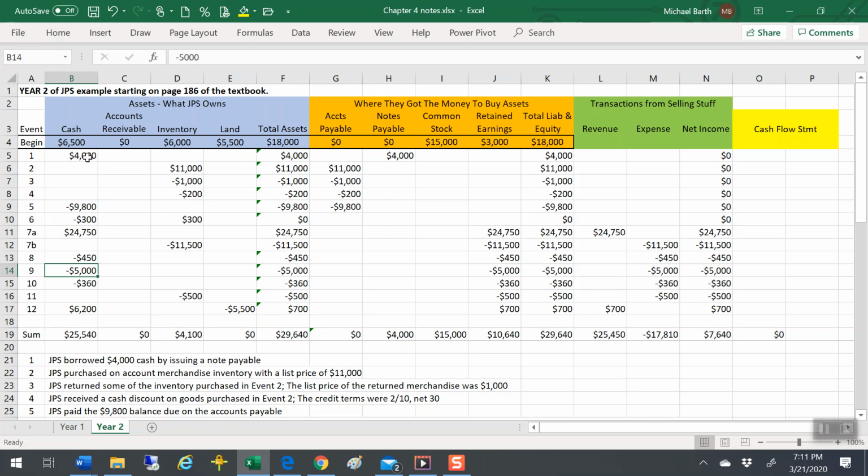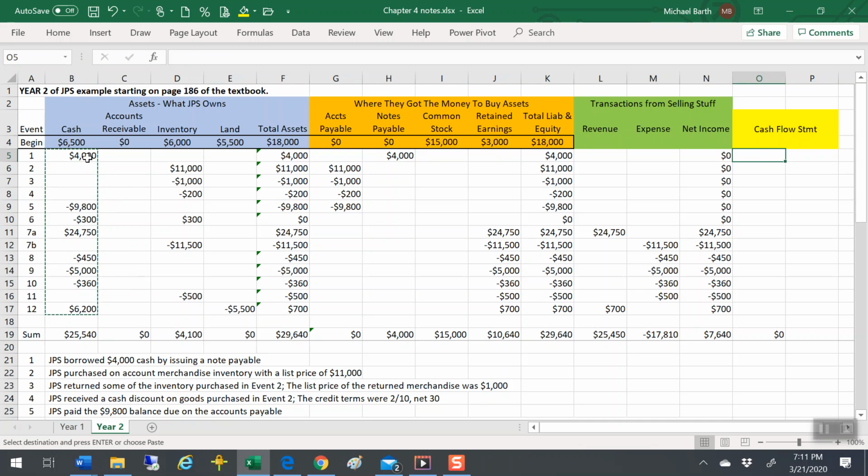These are all the cash flows through the year. Now, this particular company only does revenue, or its sales are all on cash. So far we haven't used the accounts receivable, but we'll get to that in the next year.